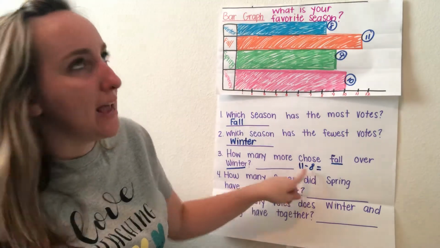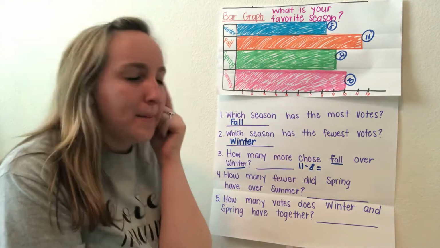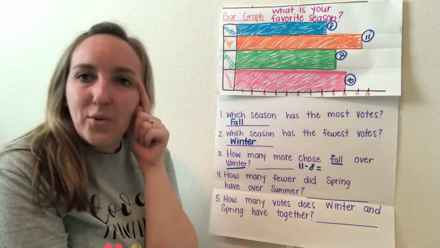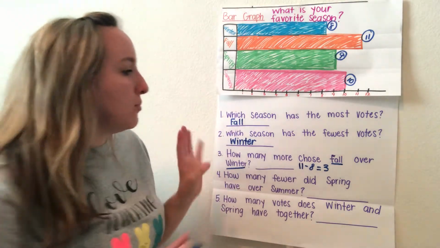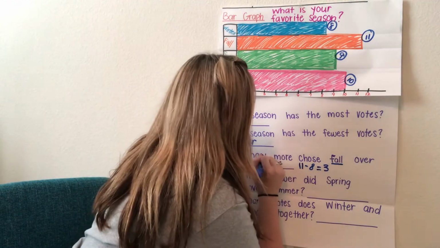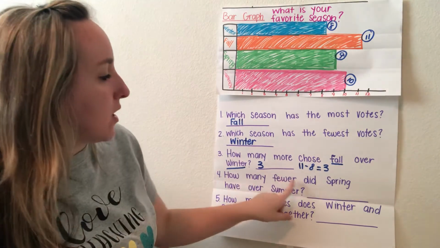So 11 minus 8. What is 11 minus 8? Can you help me out here? Oh yeah, it's 3. So 3 more people chose fall over winter. Good job.